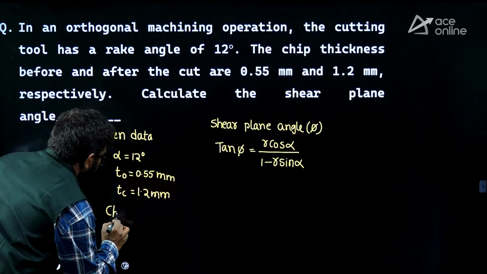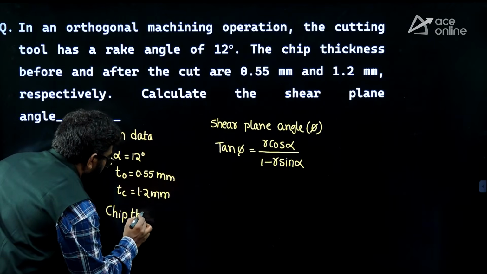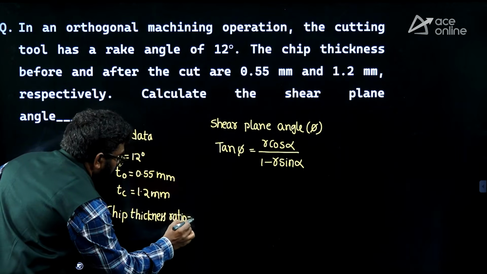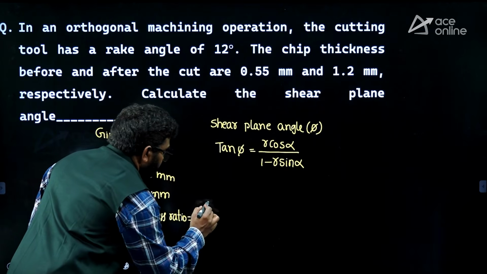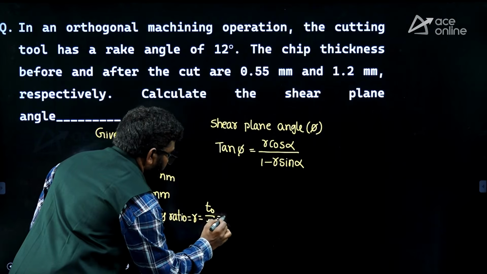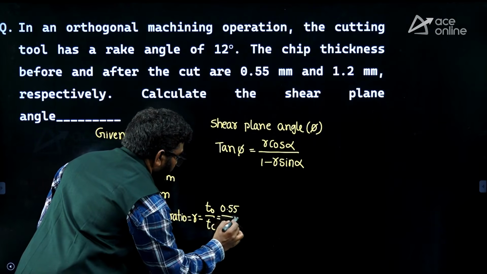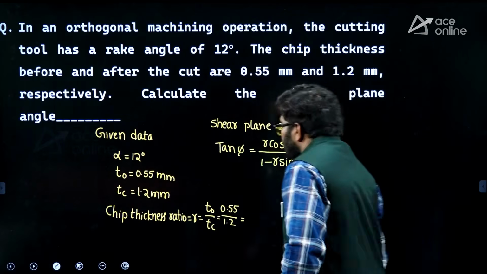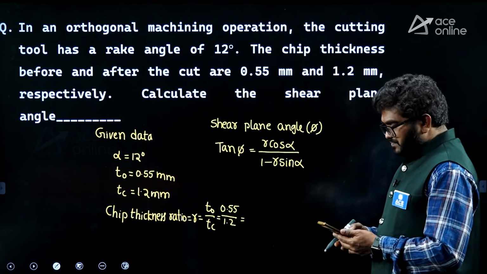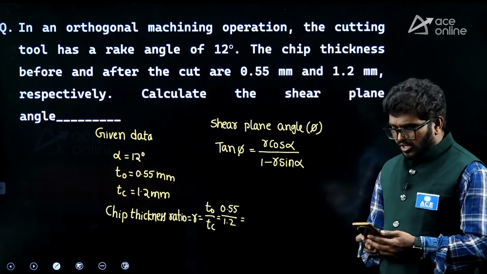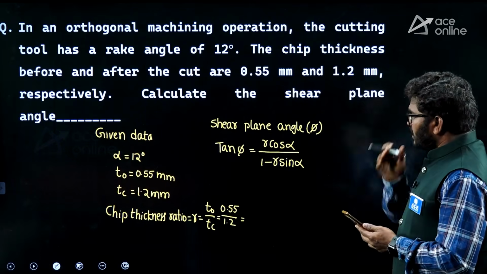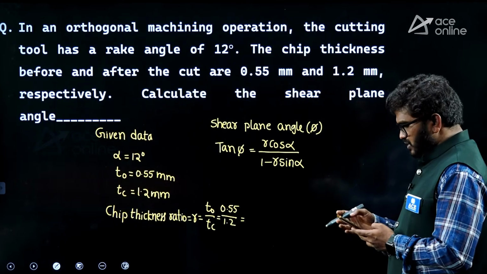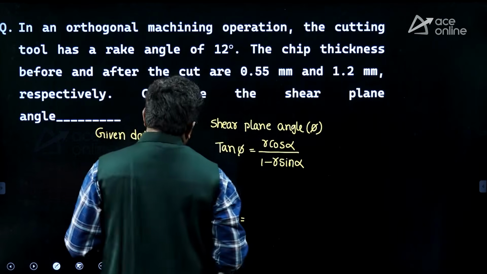Chip thickness ratio r is T naught by Tc, that is 0.55 by 1.2. So, first calculate the chip thickness ratio r value, and then substitute in this, you will get the answer. Okay. 0.55 divided by 1.2, that is 0.458.